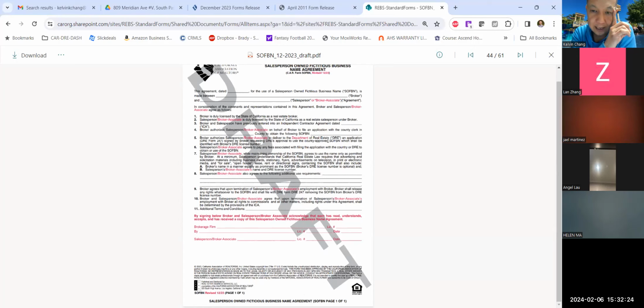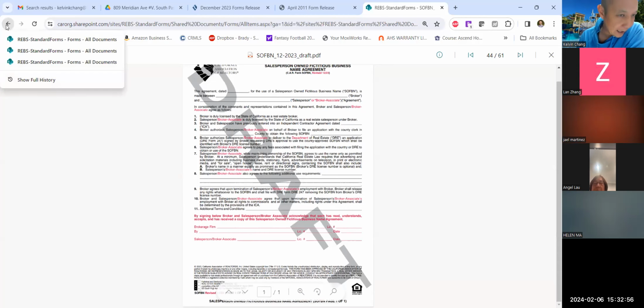But if you're going to use anything that does not have your personal name, or you're going to legally record with the county office a name such as Super Realtor or San Gabriel Valley's Top Realtors Team, whatever you want to create as a name, then you have to follow all of the licensing requirements with the department and the county. So if you want to have a cool name, make sure you're meeting the DRE guidelines.